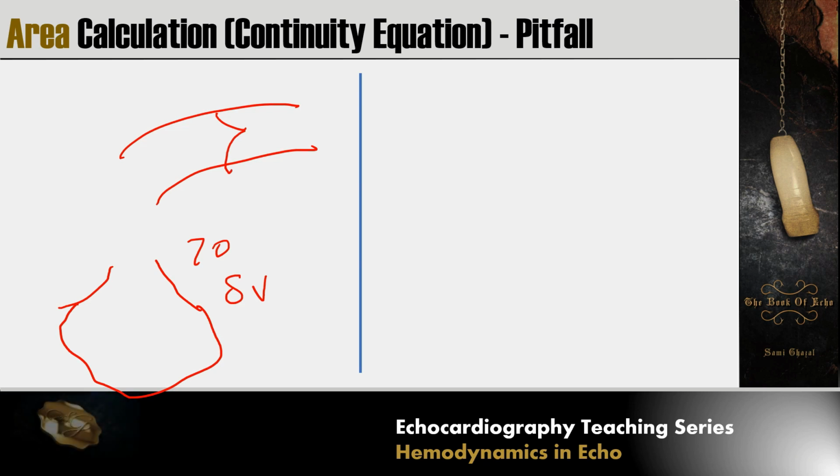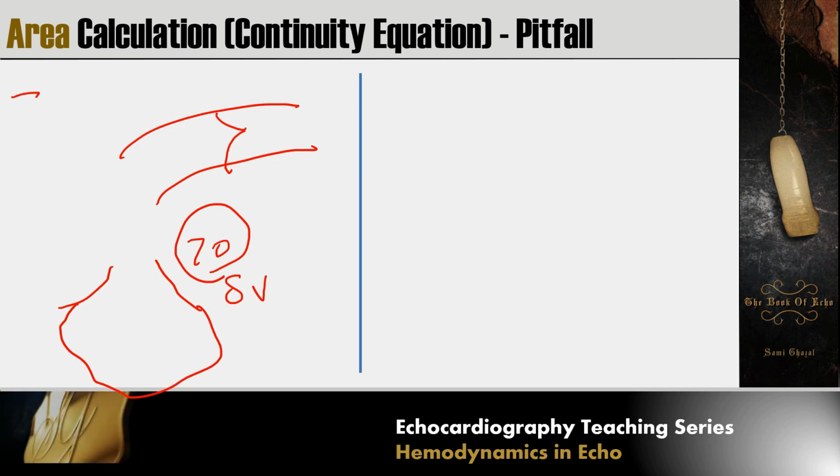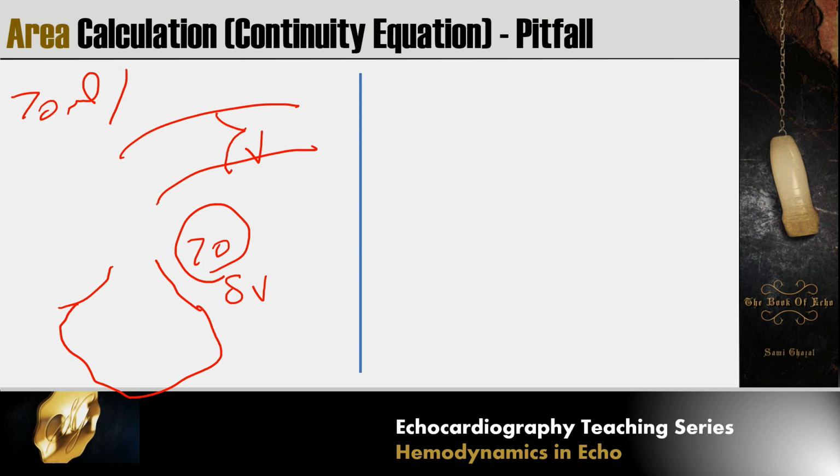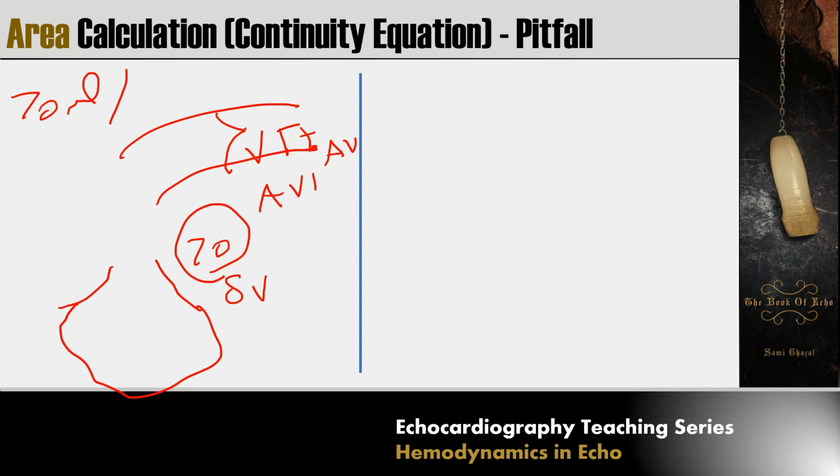So we can use this 70 ml as a stroke volume. So 70 ml divided by this VTI of the aortic valve, we get then the aortic valve area by continuity equation.